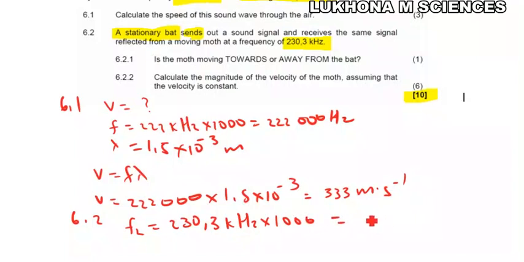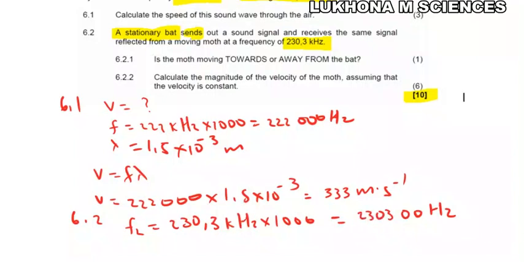Then if we press the calculator, we are going to get 230,300 hertz. Okay, so if we multiply by 1000, we're going to get this one. Let's go.